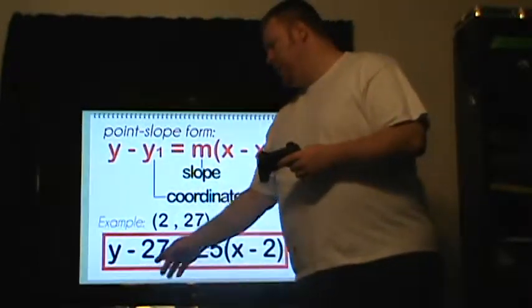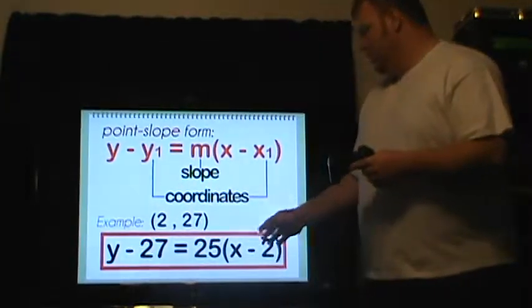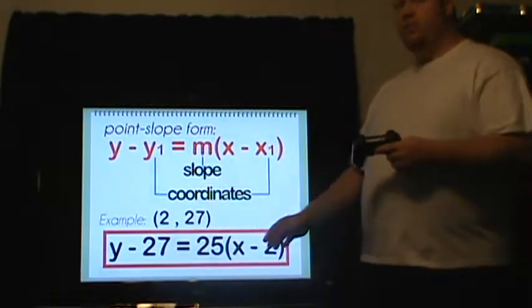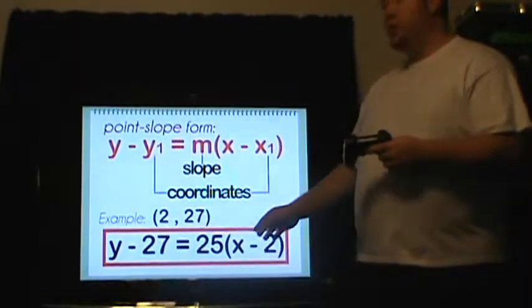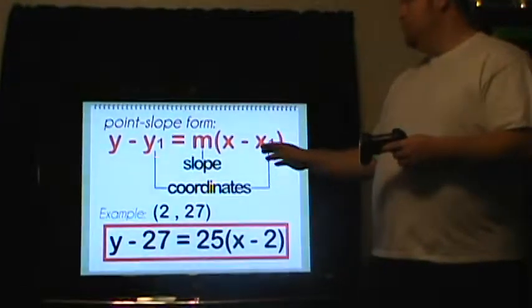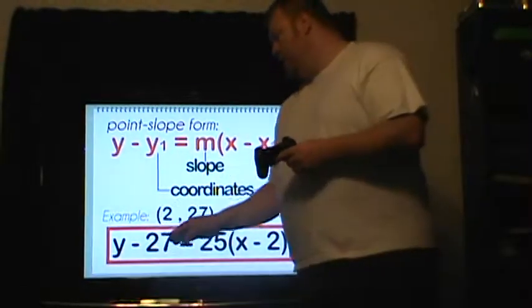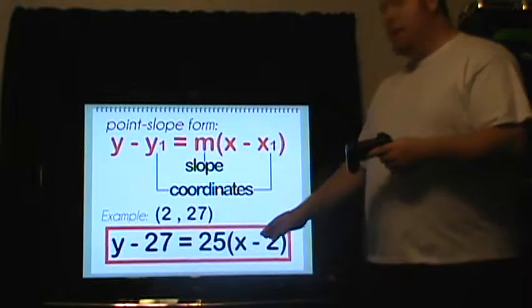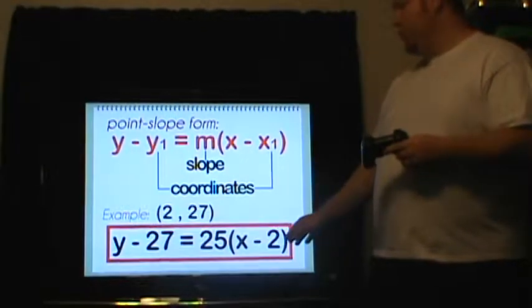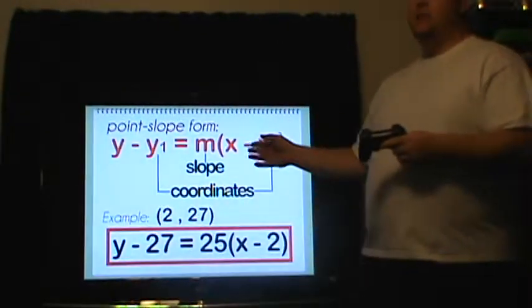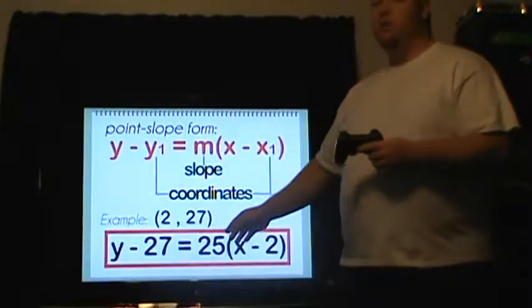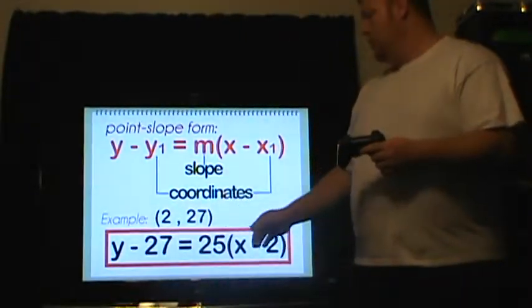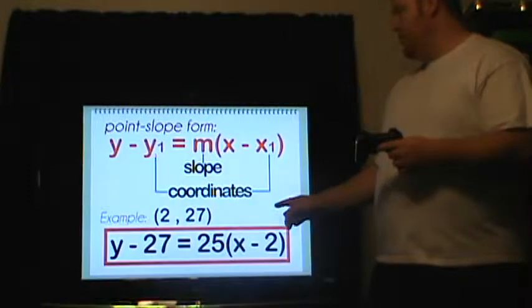So you'll add 27 here, that'll cancel this out. You'll take negative 50 plus 27 equals negative 23. So then your formula becomes y equals 25x minus 23, where 0, negative 23 is where it crosses the y-axis. 25 over 1 is your slope. All right, and that'll give you those 2 points.